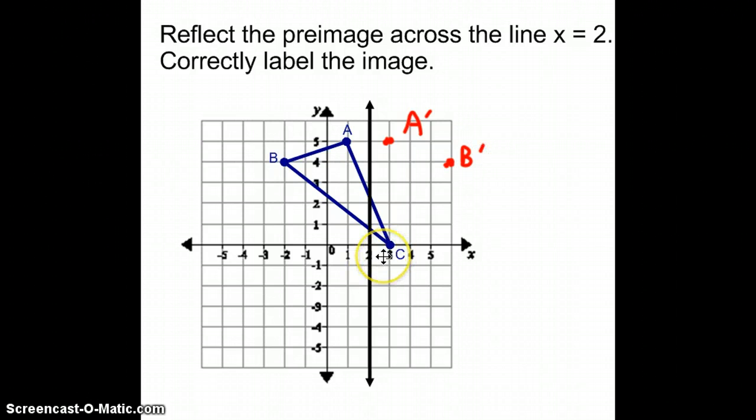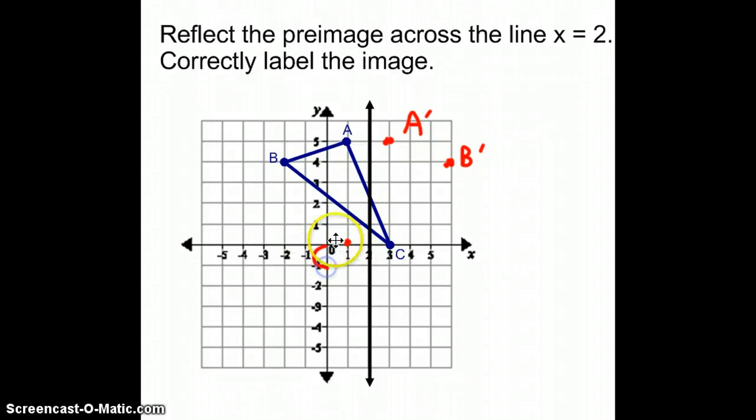Similar to the last scenario, we see that C is already to the right of our mirror line. This means its reflection is actually going to be on the opposite side. It's going to be to the left, and we can see that C is 1 unit to the right, which means C prime is going to be 1 unit to the left.